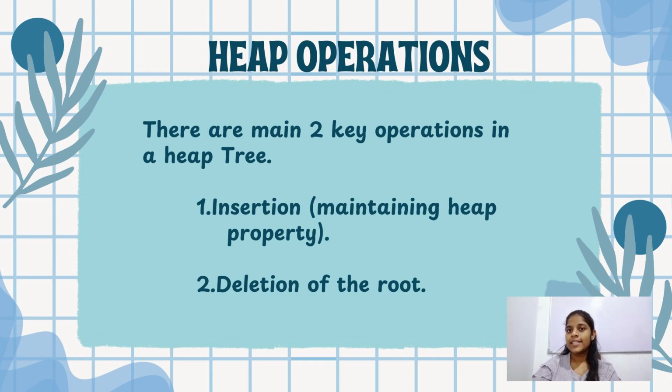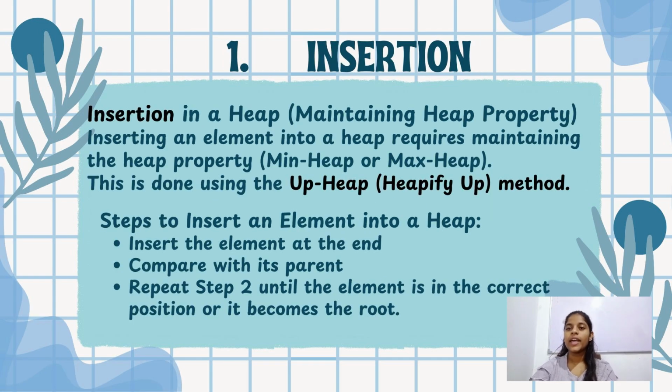Let's look at insertion. Inserting an element into a heap requires maintaining the heap property. This is done using up heap as we discussed earlier. Steps to insert an element into a heap. First, insert the element at the end, the last available position in the heap. Second, compare with its parent.